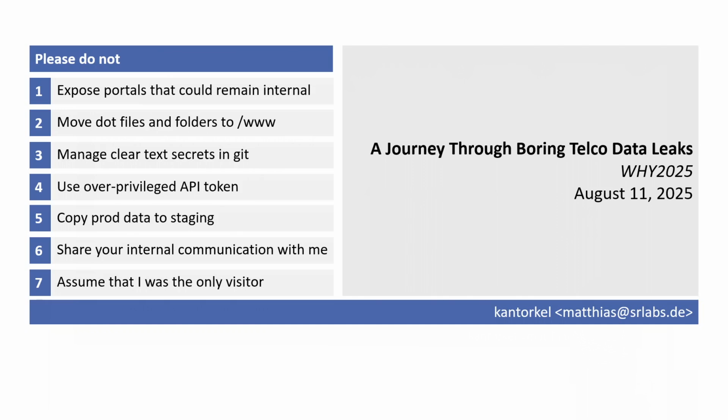People copied prod data to staging environments. Some people shared even internal communication with me during the disclosure process, like this guy here, you can find this guy on YouTube, and this is the internal Taylor-Wessing assessment some lawyers did, and so on. And last, they shouldn't assume that I was the only visitor, because all these leaks are very easy to find.